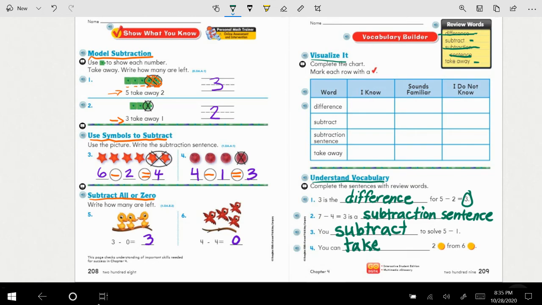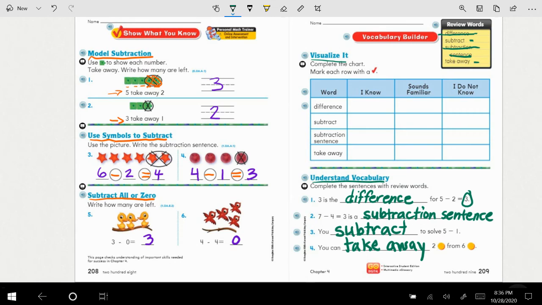Now, really, you could say both of them work in both places. The reason take away 2 counters from 6 counters is the better option is because if you have 6 counters in front of you, you can physically use your hand and take away some of the counters, right? If you're just looking at the numbers 5 minus 1 written down on paper, you can't physically take anything away.